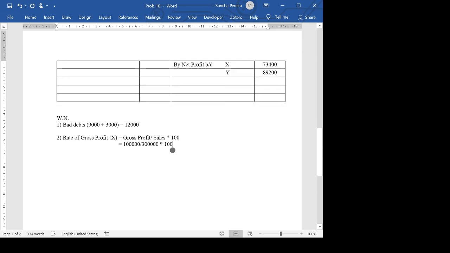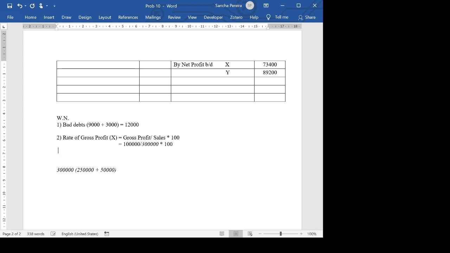I will just make a note about that, just for you to know so that when you're studying, you don't get confused. 3 lakhs is 2,50,000 plus 50,000.